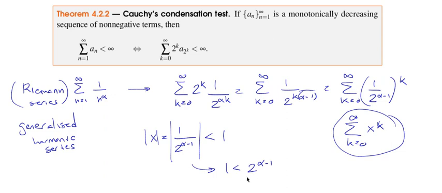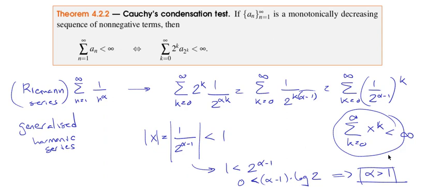If we take logarithms, we have 0 is smaller than (alpha - 1) times the logarithm of 2. The logarithm of 2 is a positive number, so the only way that this thing cannot be 0 is if alpha minus 1 is positive. So this implies that alpha has to be greater than 1 for this series to be convergent.